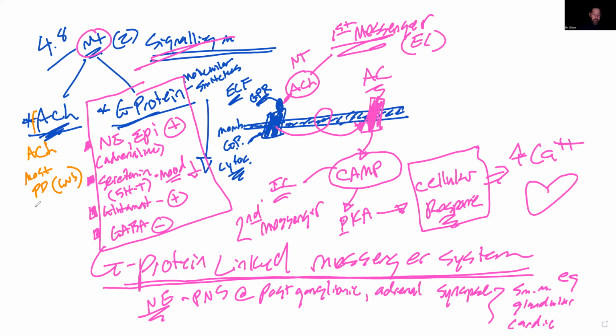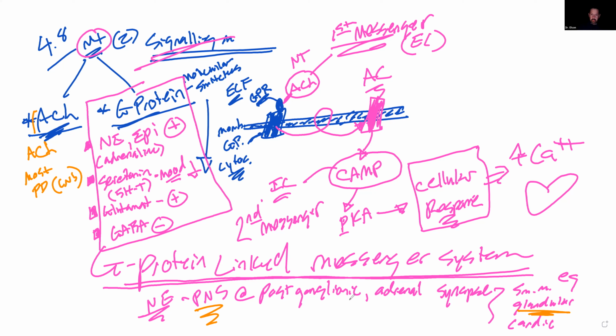Another thing I'll say about acetylcholine is that it can be found as well in the peripheral nervous system. And these are going to be in glandular tissue as well.